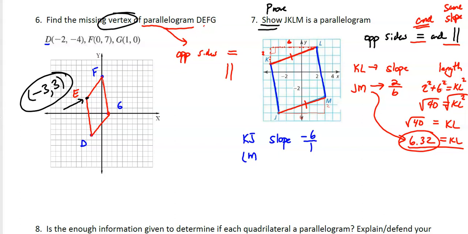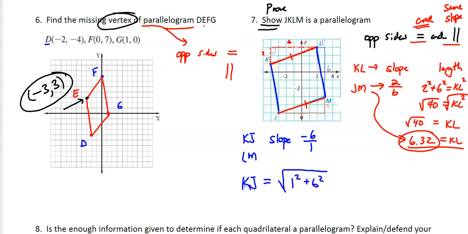And if I want to find out how long they are, I could play the same game. I could do my little triangle. It's just a 1 by 6 triangle. So KJ is just going to be the square root of 1 squared plus 6 squared.